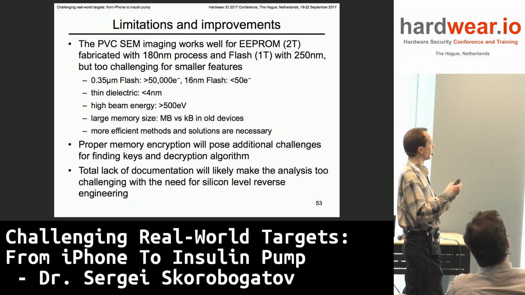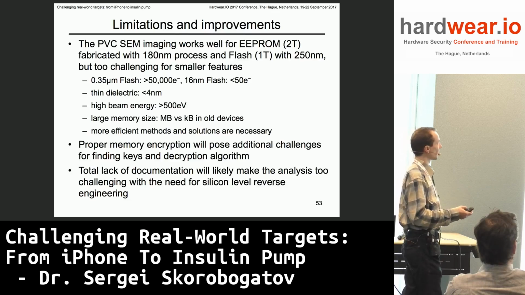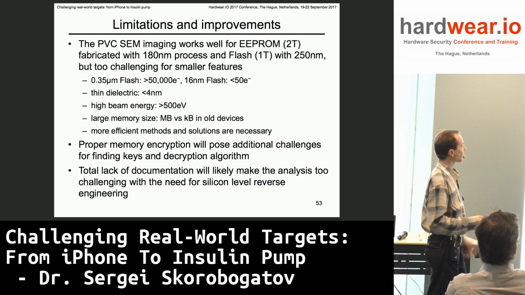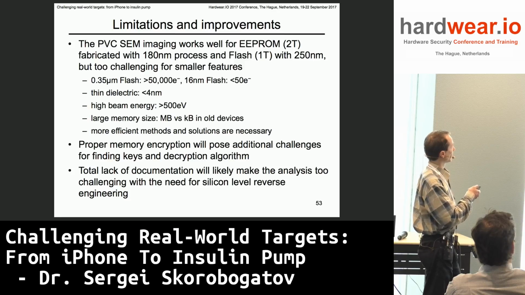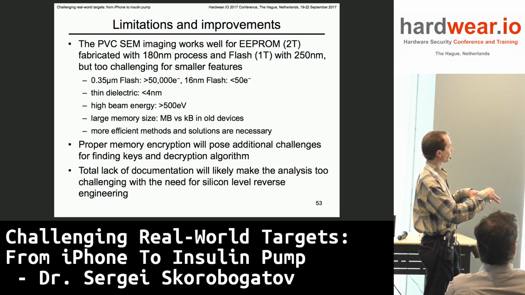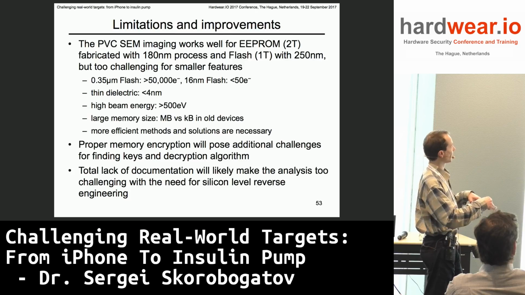And when you put the device under electron microscope, you need a relatively large number of secondary electrons to hit the detectors to see the differences. And also the thickness of the dielectric between the gate that stores the charge and the outside environment is usually less than 4 nanometers.